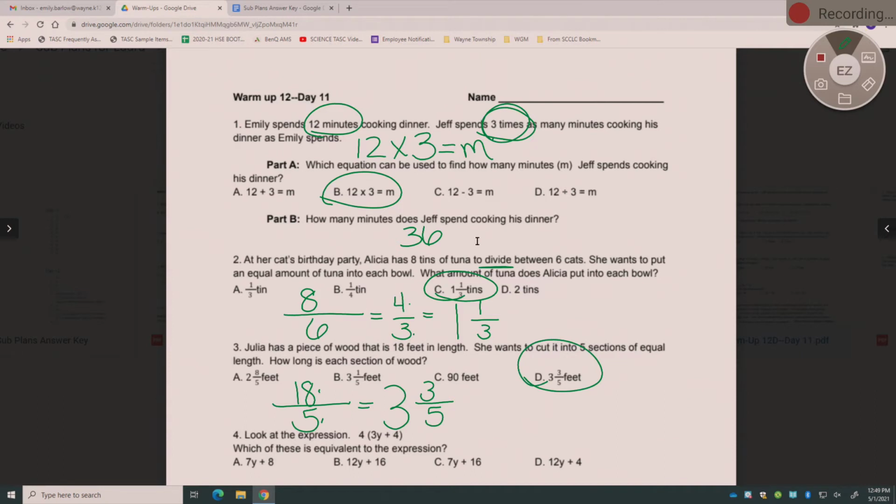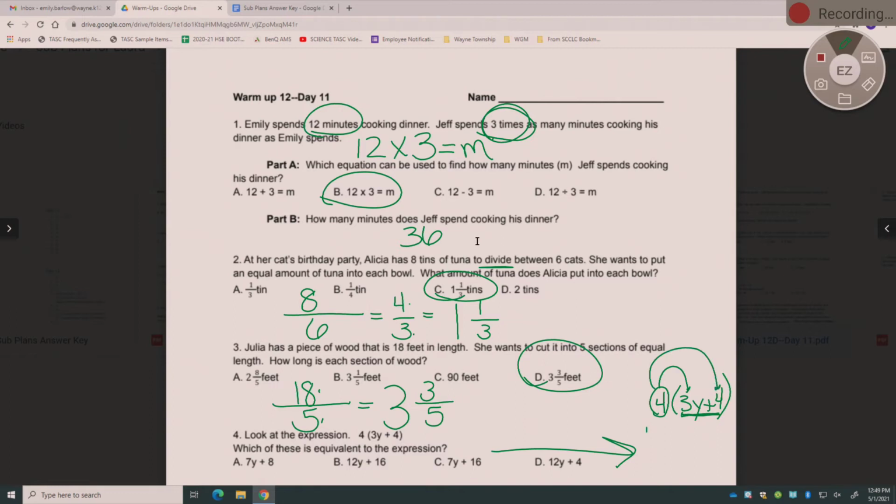Number 4, look at the expression 4 times the quantity of 3y plus 4. And I'm going to bring this out here a little bit. 4 times the quantity of 3y plus 4. Now remember, distributive property tells us that if I have a mathematical expression inside a parentheses that's being multiplied by something outside the parentheses, then I can do this number times this plus this number times this.